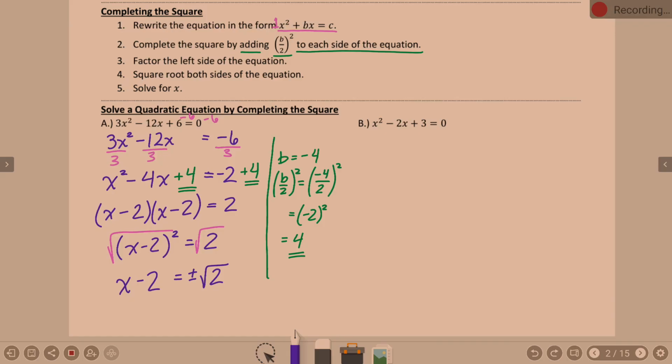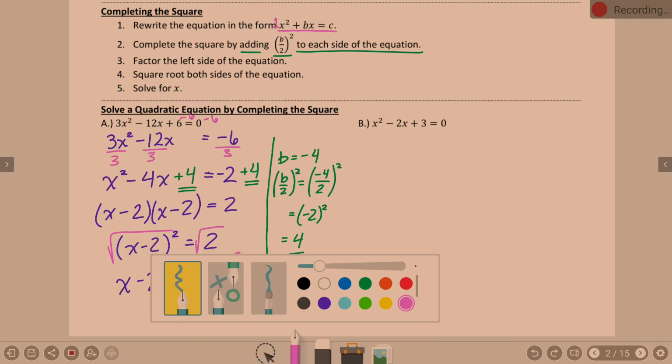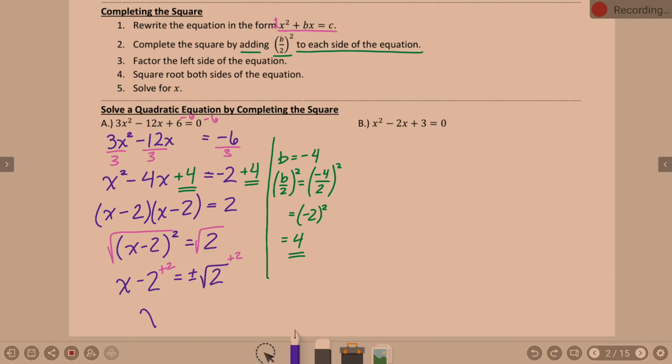Step 5, finish it off. It says solve for x. If it's x minus 2, what are we going to do? We're going to add 2. So minus 2 plus 2 cancels. I have plus or minus the square root of 2 plus 2.